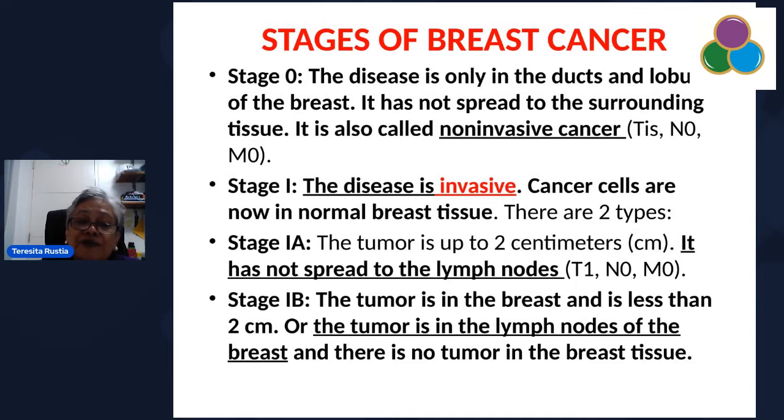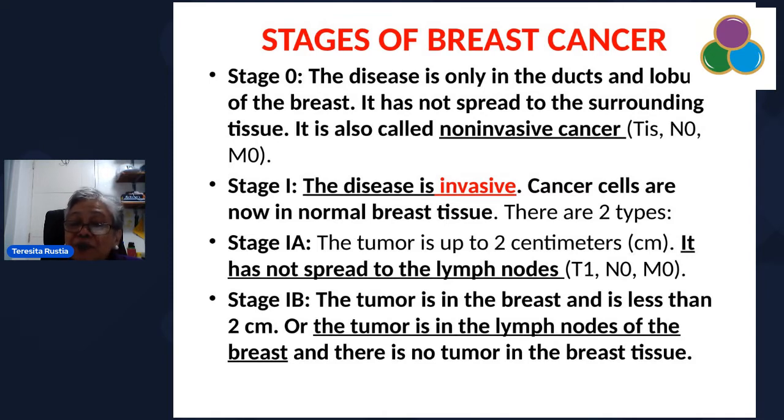Stage 1, the disease is invasive. Cancer cells are now in the normal breast tissue. Okay? And there are actually two types. Stage 1A, the tumor is up to 2 centimeters.